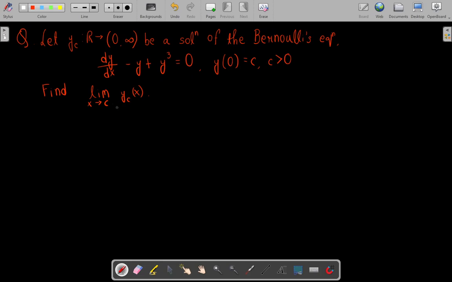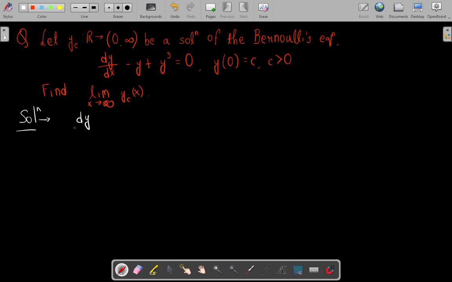We are to find the limit of y_c(x) as x tends to, sorry, the question is wrong, it should be the limit as x tends to infinity. Okay, fine. So let's start the solution.